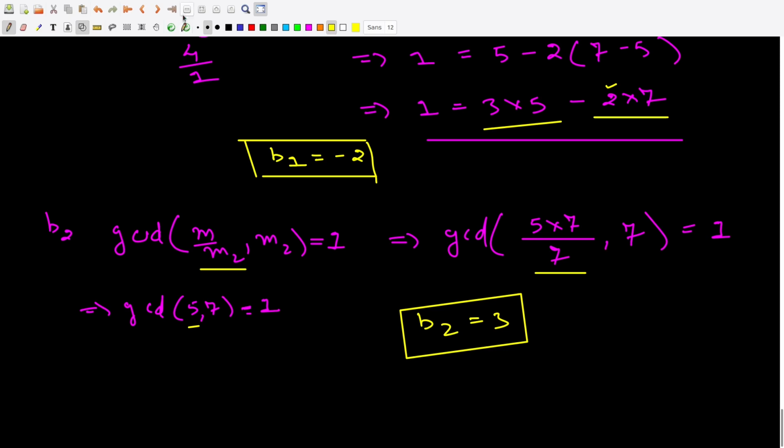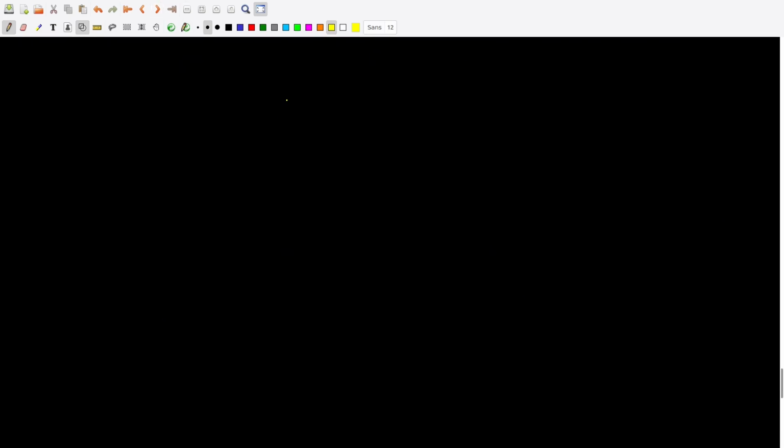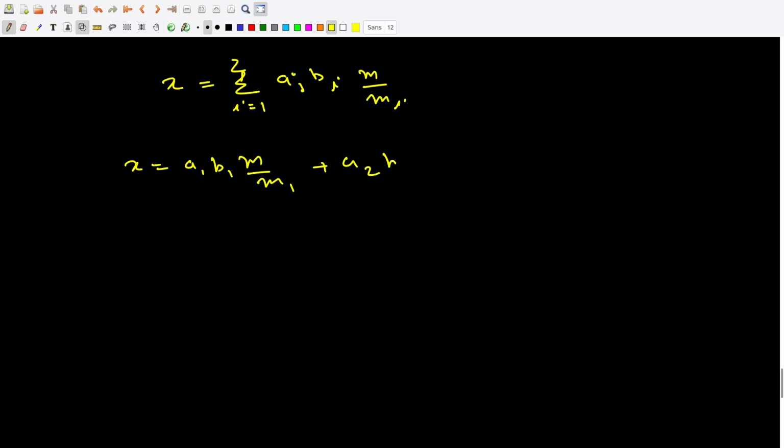Let us get our value of x. So we know that x equals the sum over i equals 1 to 2 of ai bi M upon Mi. Okay, so let's expand it: a1 b1 M upon M1 plus a2 b2 M upon M2.